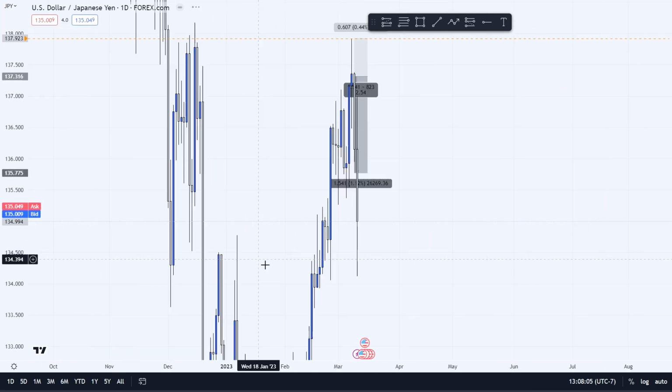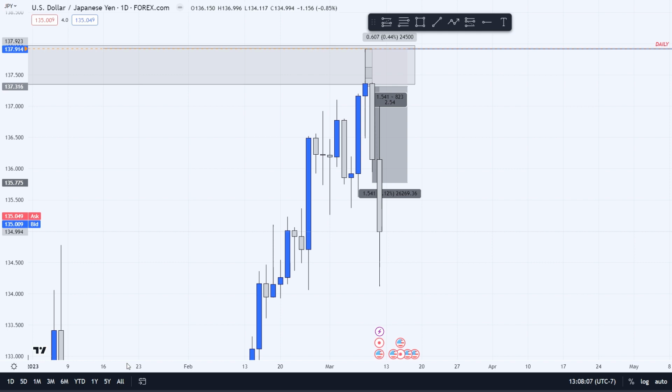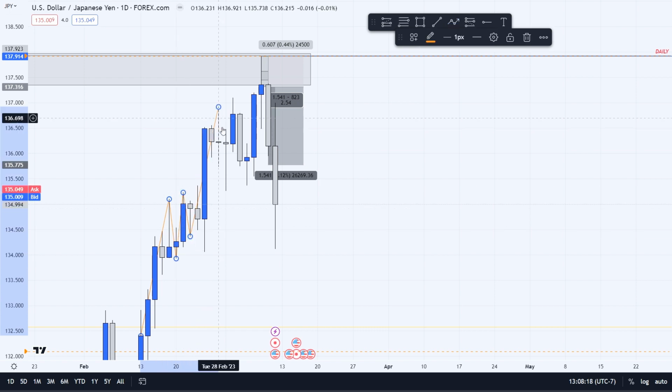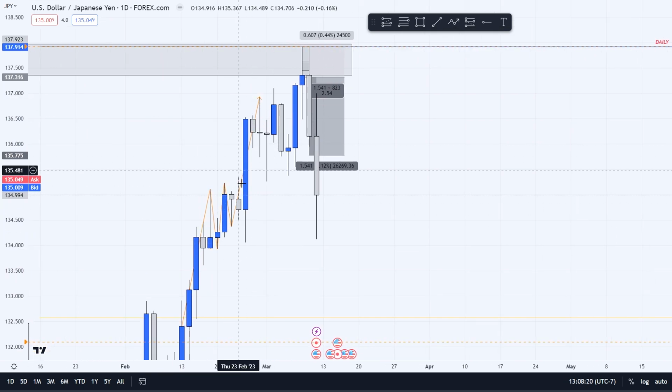Let me go on my daily time frame, to mark up my 4 hour structure. Okay, so I can see that, before this big push up, I would have taken partial profit in this area.